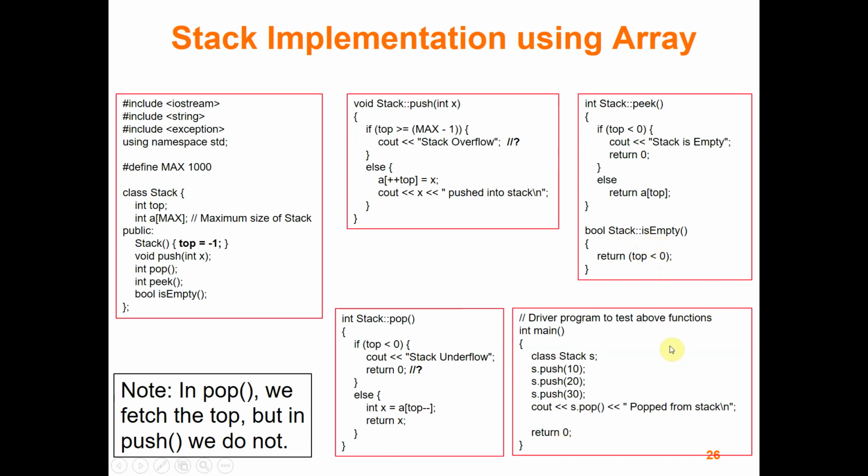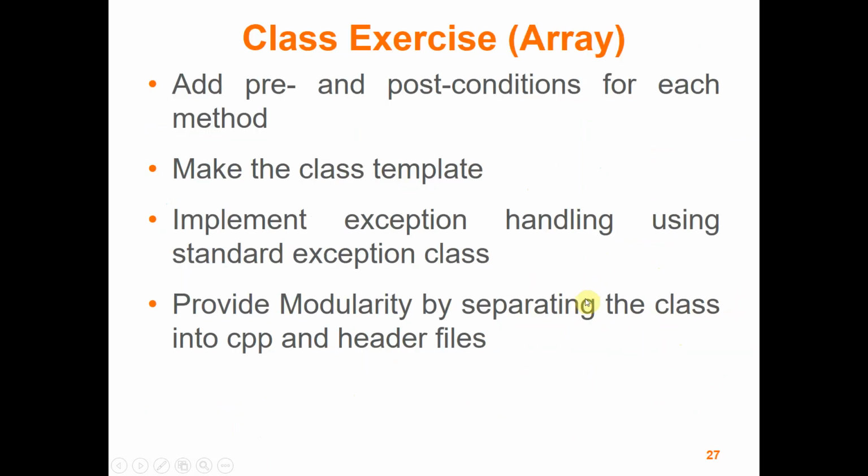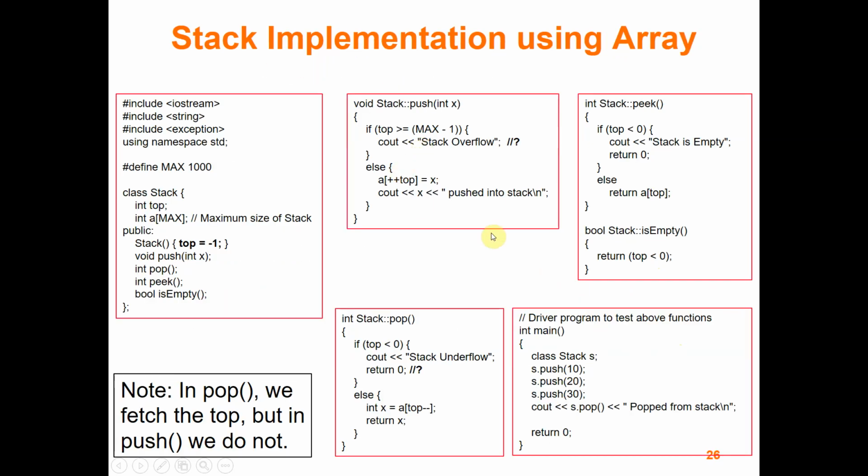And this is a driver code for it. As a class exercise, I want you to modify this code. One thing I want you to do is, first of all, add precondition and postcondition for all the functions that we have here. So precondition is basically the assumptions that we should have when we call a function.